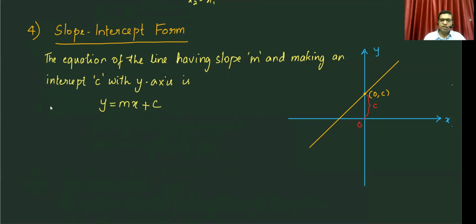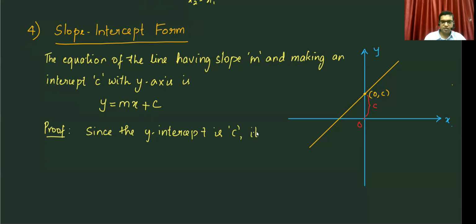So since the y-intercept is c, it means that the line passes through 0, c.